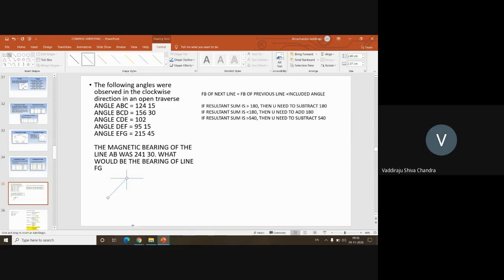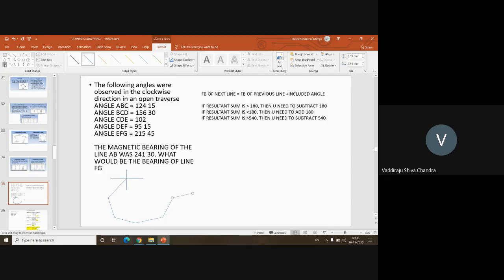Then he has given you the angles ABC. That is, this is BC. Let us keep it like this. Then he has given you CD, then DE, then EF, and then there is a line called FG.